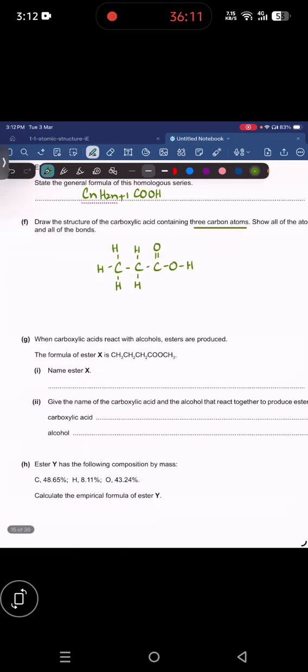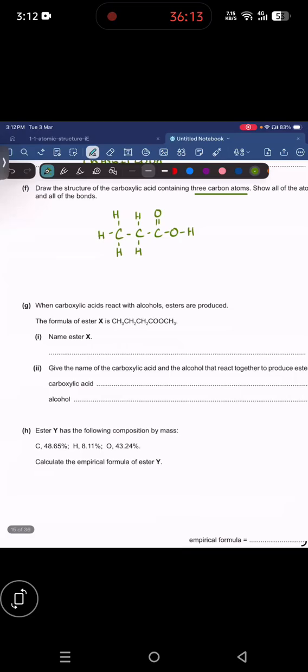Now, when carboxylic acids react with alcohols, esters are produced. The name of this ester: the starting part consists of 1, 2, 3 and 4 carbons, so there are 4 carbons, and the last part contains 1 carbon only.